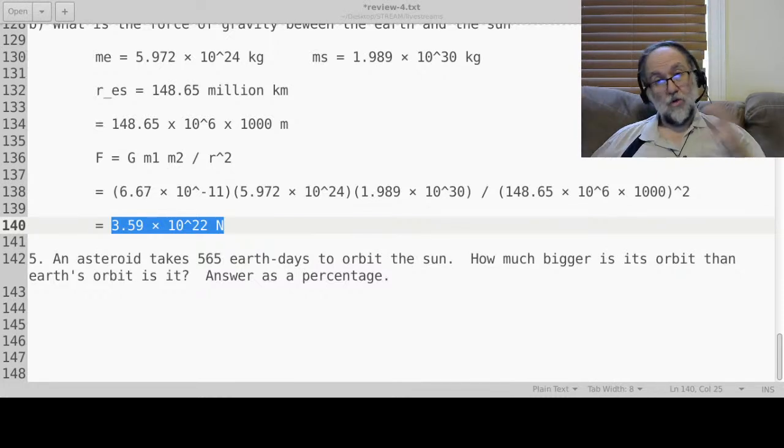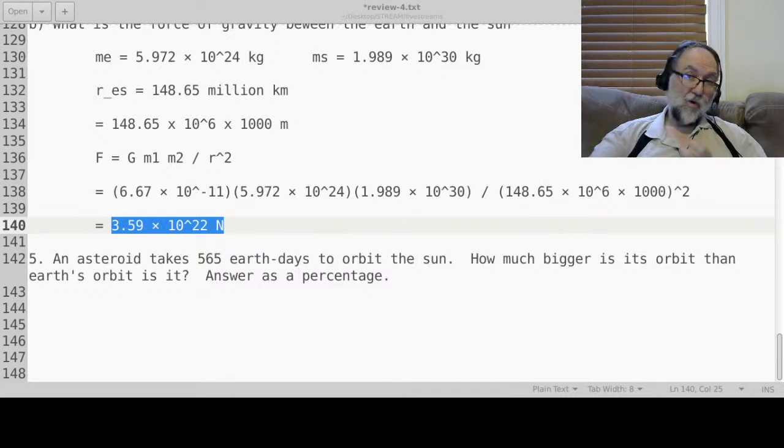Now we're talking about the Earth and the Sun, and that's the force keeping this huge thing, the Earth, going around the Sun. It's a huge force. When it comes to planetary sizes, the force of gravity is big, but when it comes to small objects, it's very small. So that's Newton's universal gravitational law.